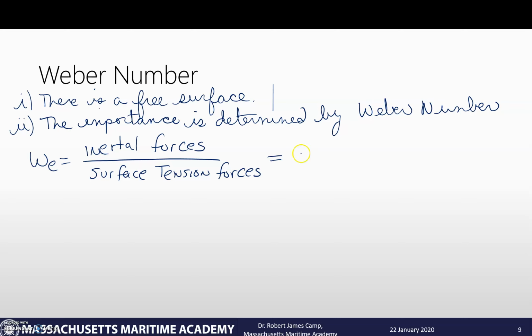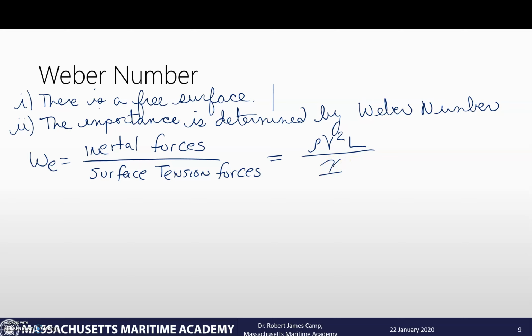So the inertia forces in this case are represented by the density of the fluid, the velocity squared, times the length. Now this is typically the length of contact with the fluid. So if you were dealing with a ship, it would be the length of contact at the waterline. And then we divide that by the surface tension force, that epsilon number.